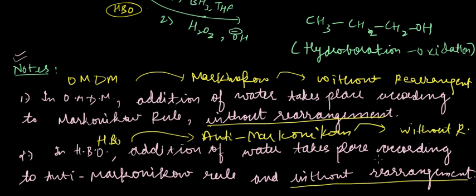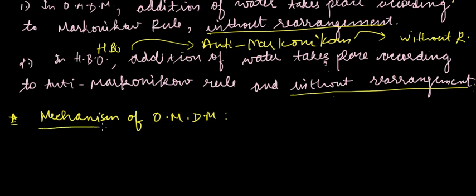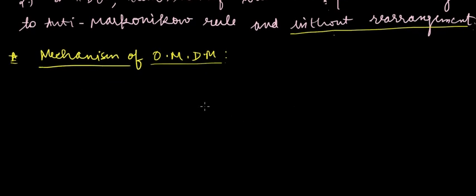Okay, so let's discuss the mechanism of OMDM now, the mechanism of oxymercuration and demercuration. So what we actually did, we passed alkene with first Hg(OAc)2 in presence of water, and second with NaBH4 in basic medium.